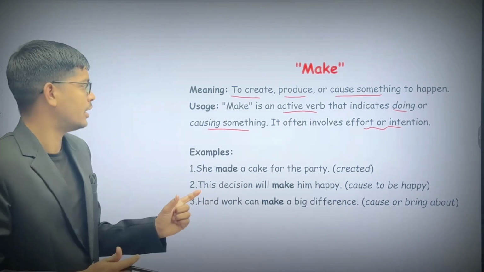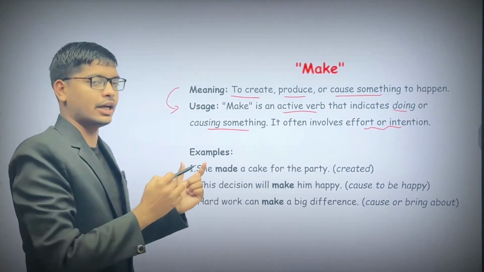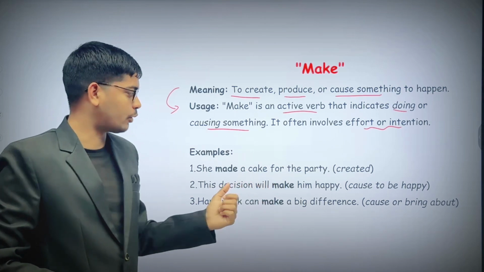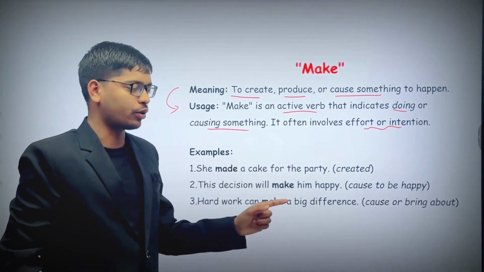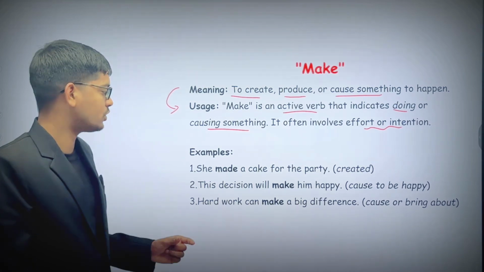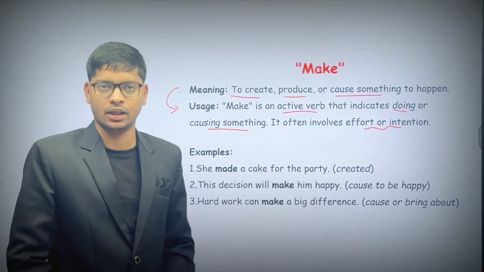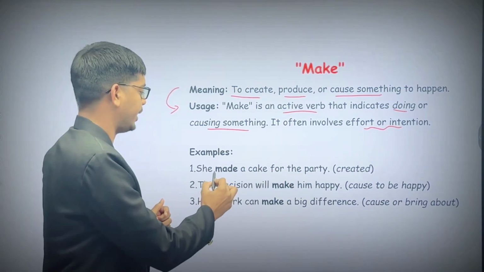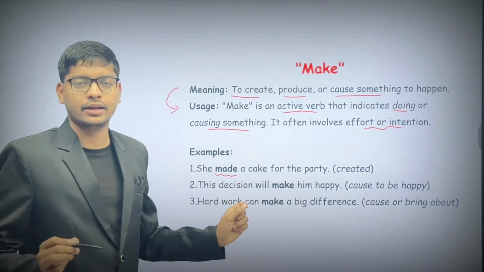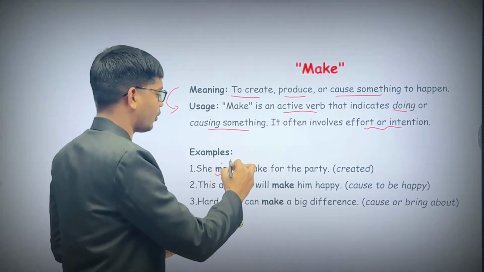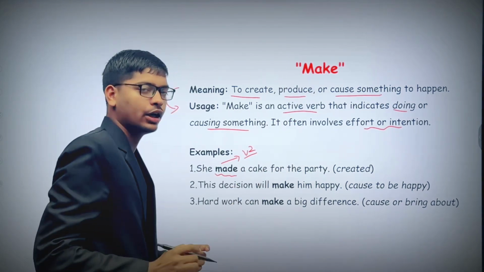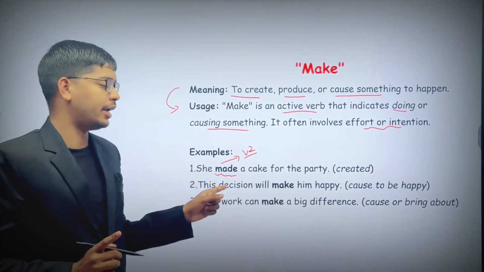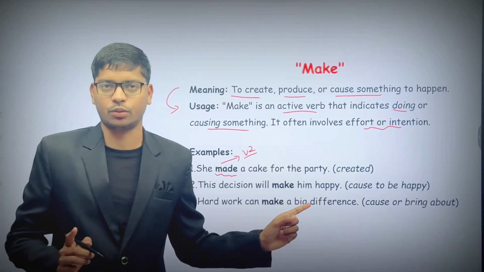Let's understand the meaning and uses with examples. Our first example is: she made a cake for the party. Here, made is the second form of make: make, made, first form, second form.